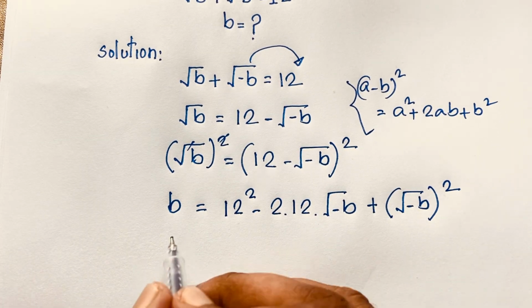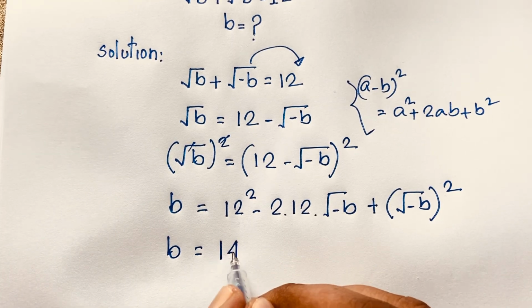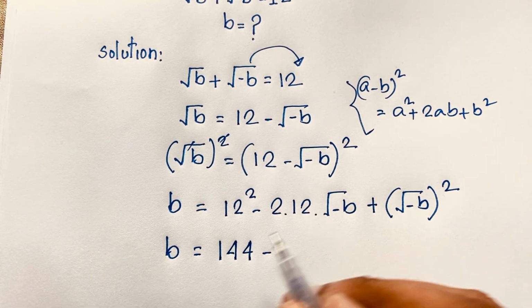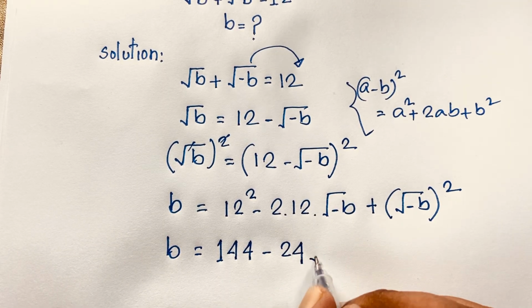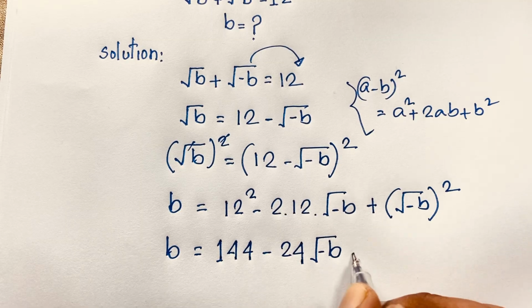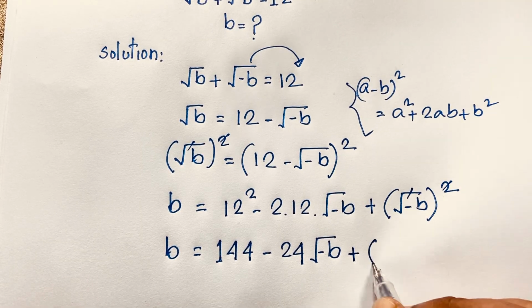Then here b is equal to 12 power 2, it will be 144, minus 2 times 12, it will be 24, and square root minus b, and here is plus, but this square root is cancelled. We'll find out it will be negative b.